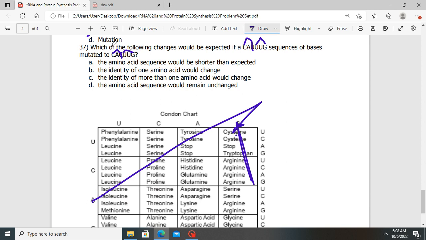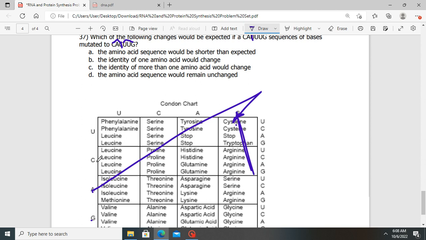So let's have CAC. CAC codes for which amino acid? You have C, you have A, you have C. So CAC codes for histidine. Then let's come to CAU. CAC is for histidine, then CAU also codes for histidine.